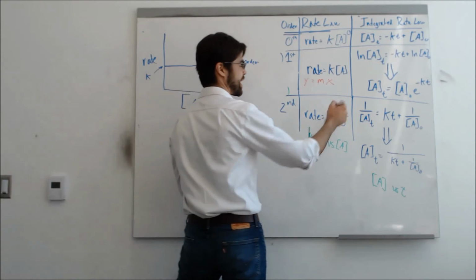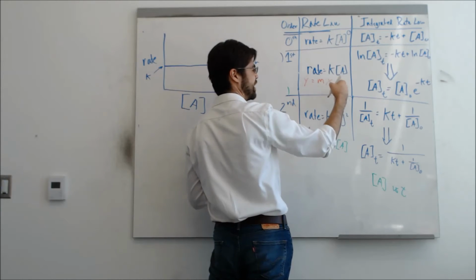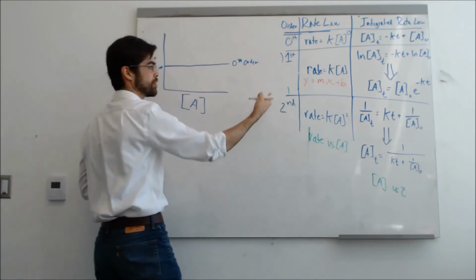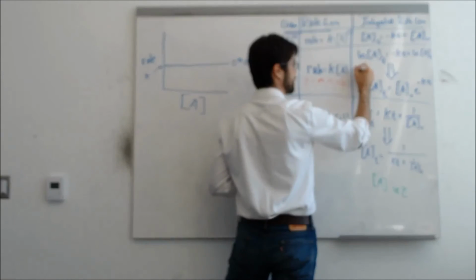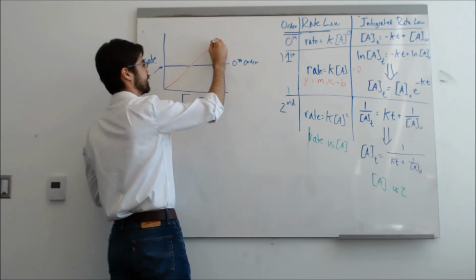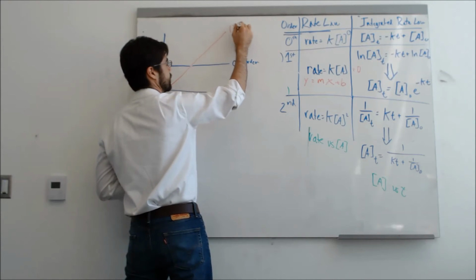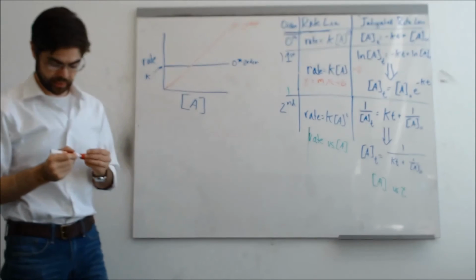So I predict this is going to have a slope of k and a y-intercept of 0 because there is no added term on there. You are adding a term, it's just adding 0. So that curve should look like this for a 1st order reaction.